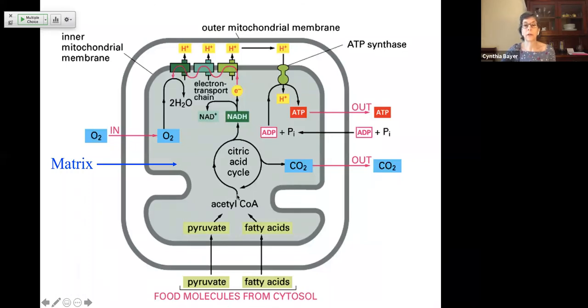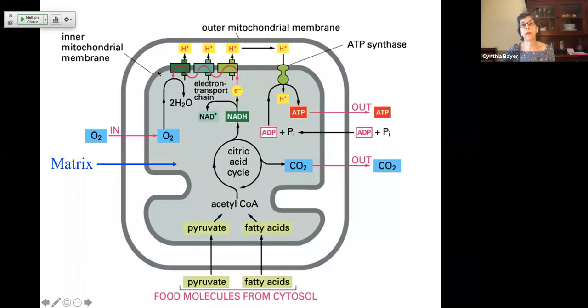They can enter this cycle of catalyzed reactions we call the citric acid cycle, which will release more carbon dioxide that diffuses out of the mitochondria, then diffuses out of the cell, and extracts more high energy electrons that are carried in carriers like NADH. Those electrons are then transferred to the electron transport chain, which resides within the inner mitochondrial membrane.